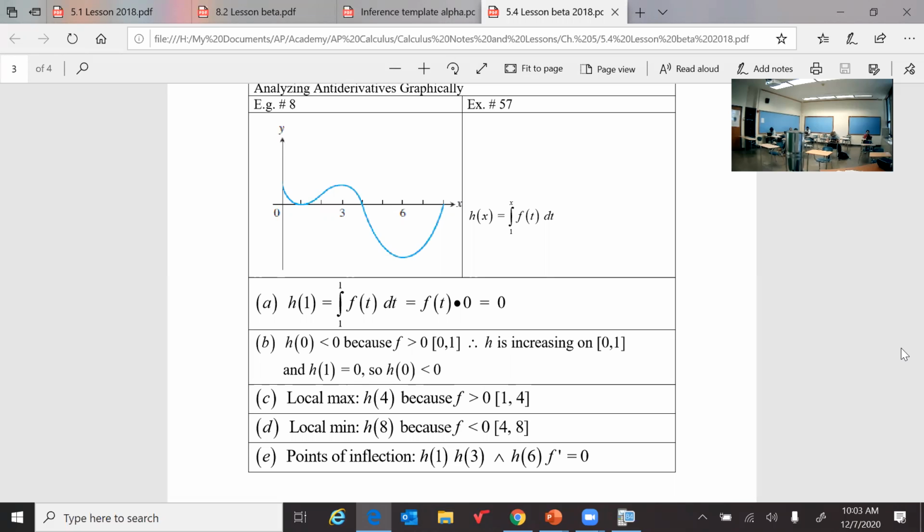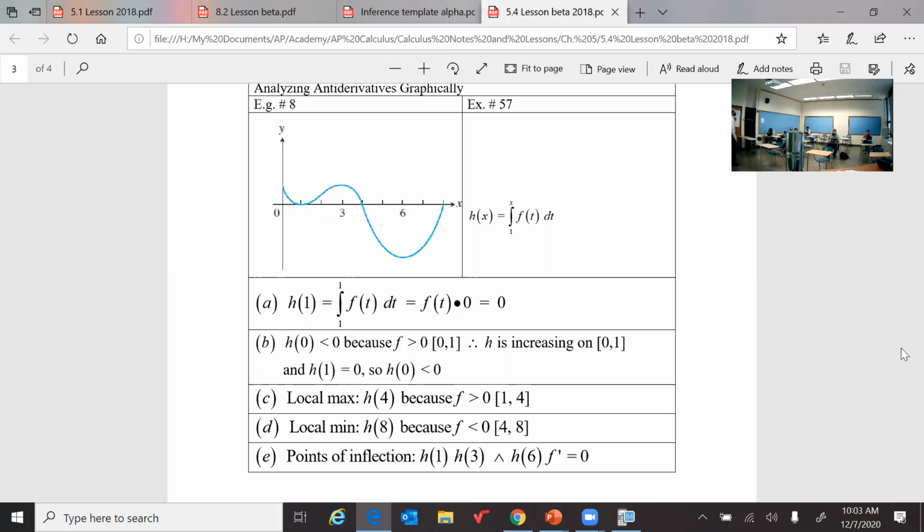Okay? How about h of 0? What is h of 0? Now this is the whole reason we're doing this. To the left of 1, see this begins in 1. To the left of 1, the graph of the derivative is above the x-axis. Yes?